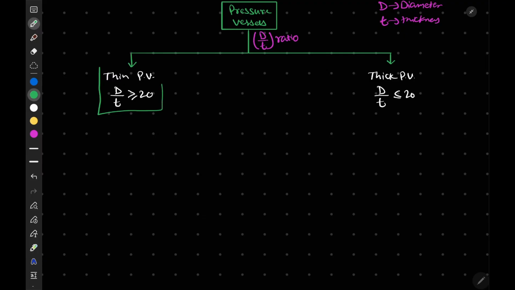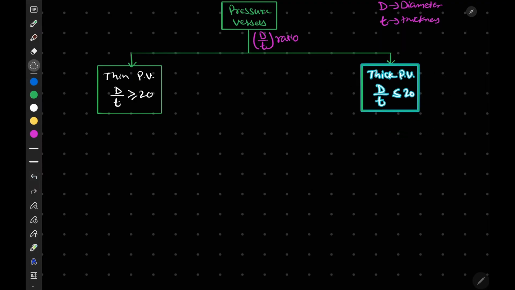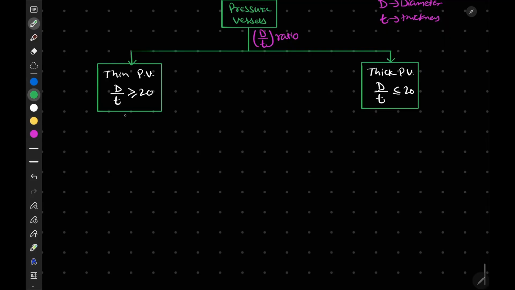Now again if we further classify thin pressure vessels, we can classify it as cylindrical pressure vessel or spherical pressure vessels. So it is basically for both. I can either classify it for thin or thick.